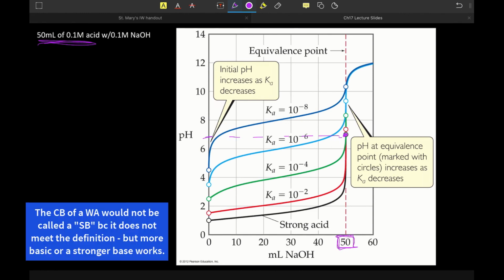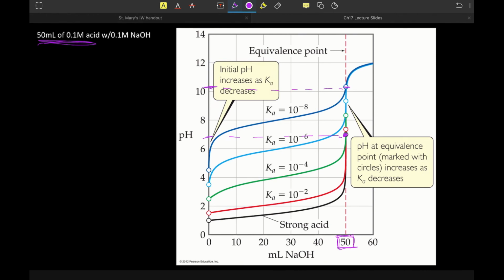Which is why by the time we're up here, we're up to something over 10 for the pH at the equivalence point, right? And again, at the equivalence point, that pH is based on the conjugate base of the weak acid because that's what's left in the solution, right?